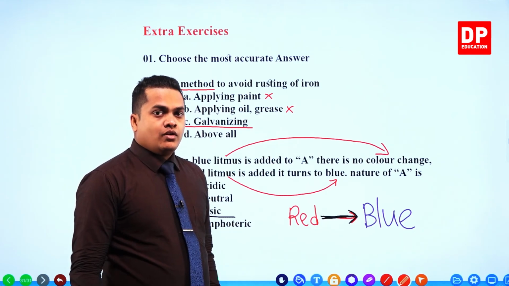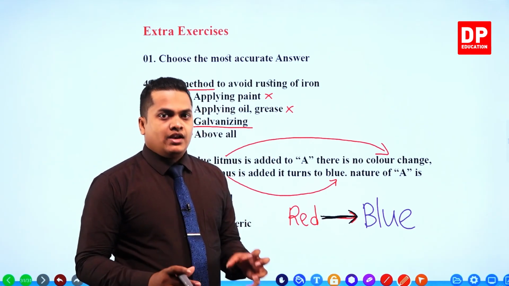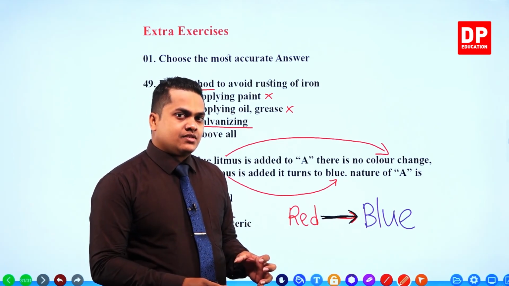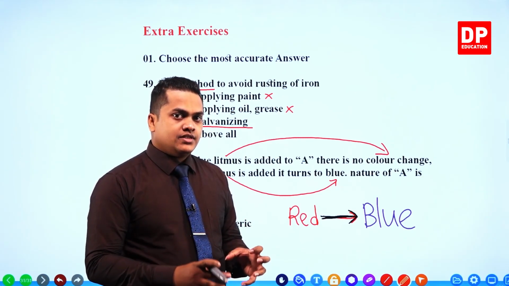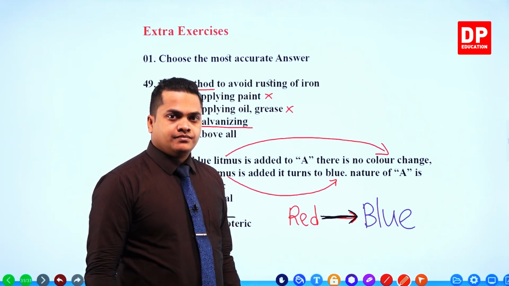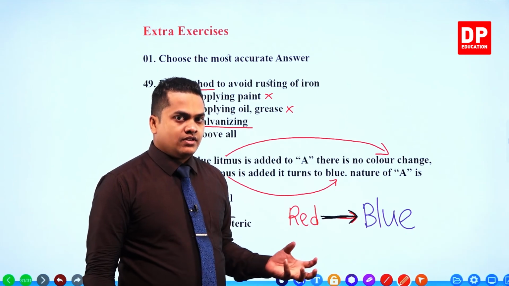When you add red litmus into a basic substance, the color of red litmus turns to blue, right? We did this experiment in our laboratory.